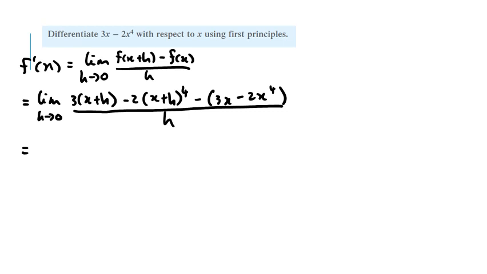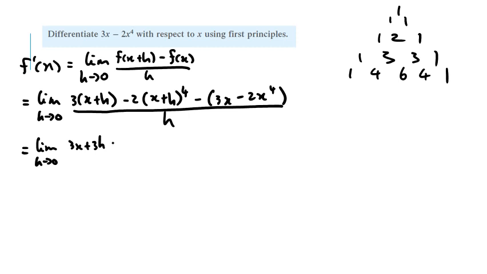What's the next one? So x power 4, x power 3, x power 2, x, and then h power 4, h power 3, h power 2, h.